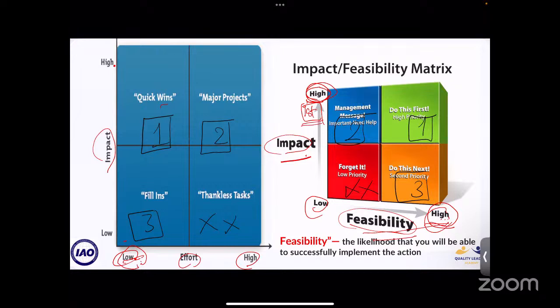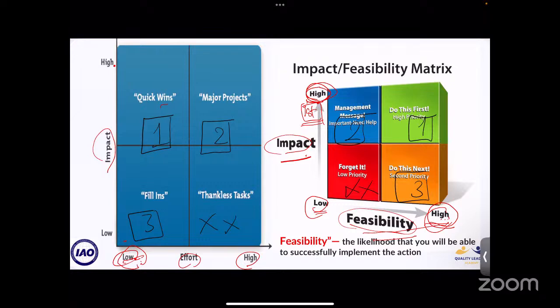The second priority is high impact and low feasibility, because these are also important, but they need more resources and effort. What about the third priority? Low impact and high feasibility. These are easy to implement but don't make much of a difference, so they are not a high priority.